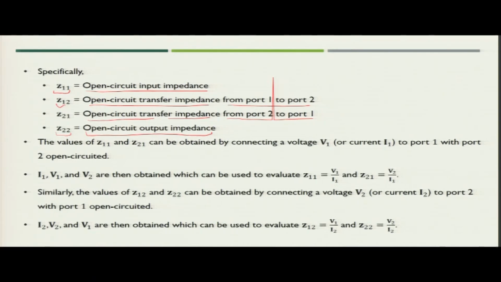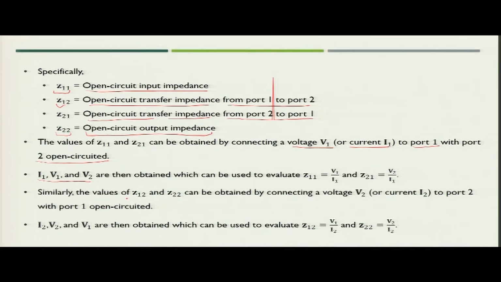Now, to evaluate Z11 and Z21, you can find the values by connecting a voltage V1 or current I1 to port 1 with port 2 open circuited. Then you find the values of I1, V1 and V2, and then obtain Z11 as V1 upon I1 and Z21 as V2 upon I1.